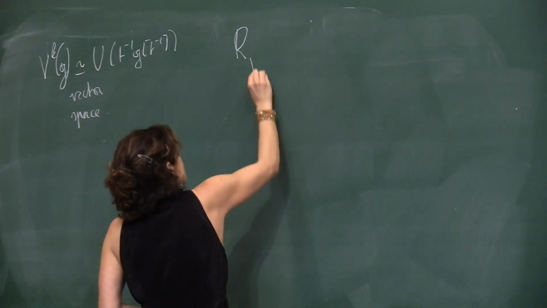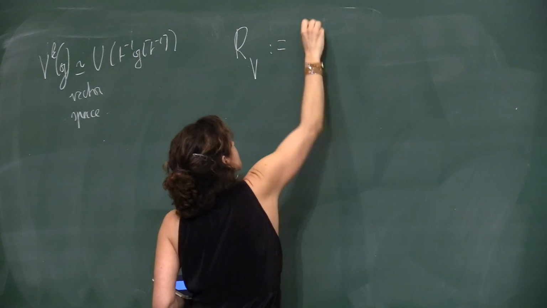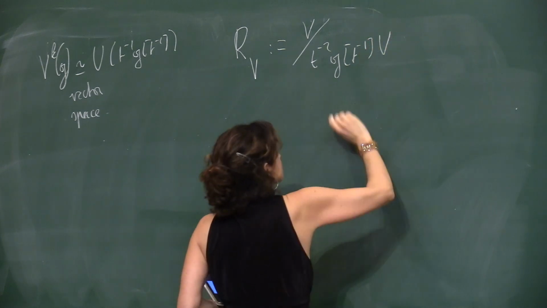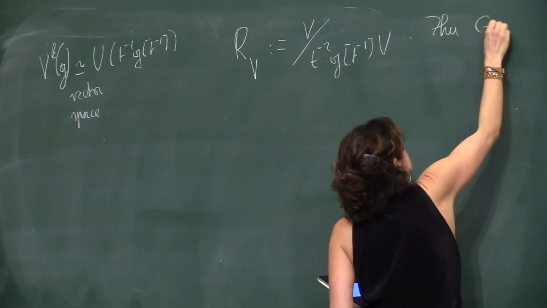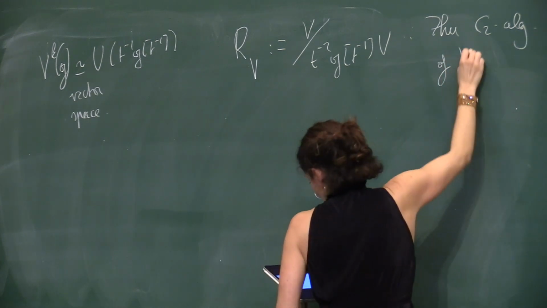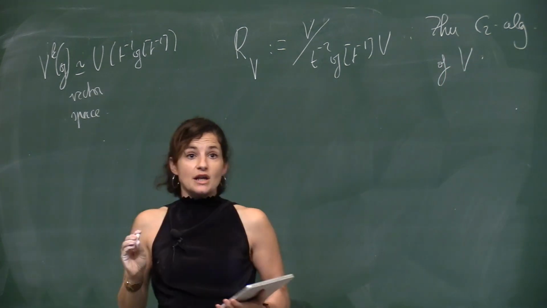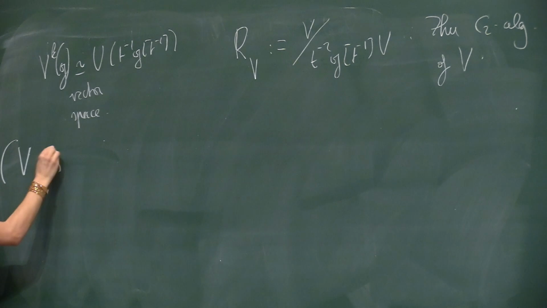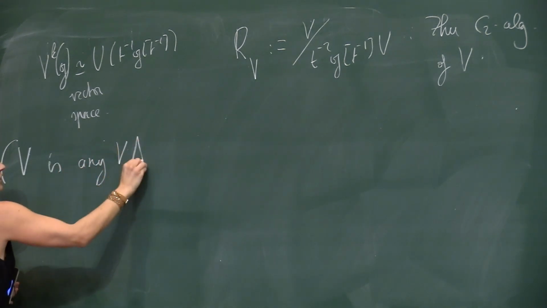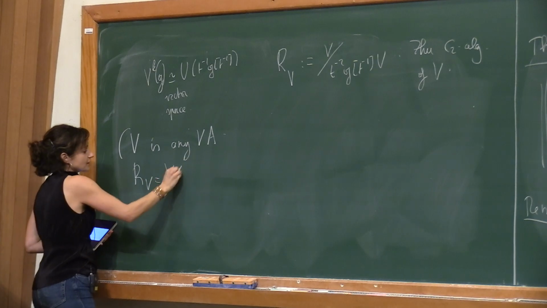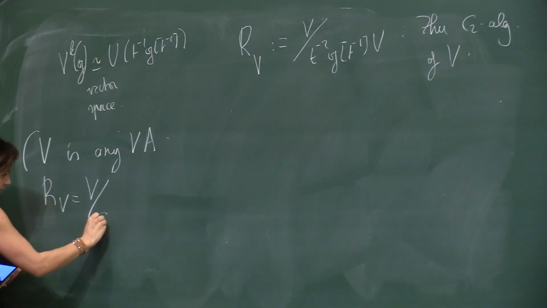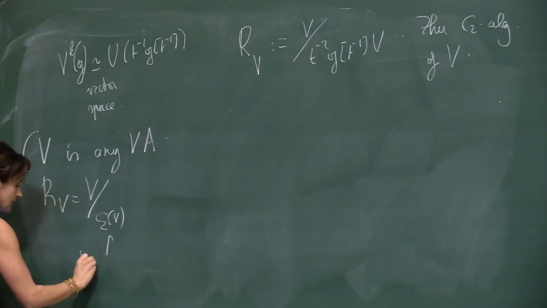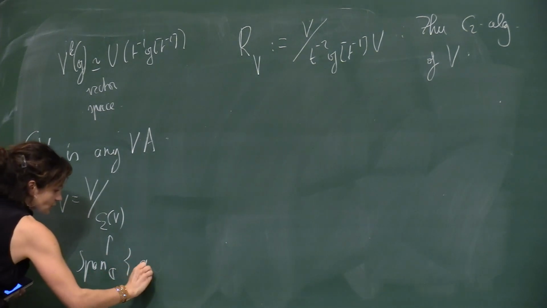And for any such quotient, I consider this quotient of V. And this is what we call the Zhu C2 algebra of V. So, and this is naturally a Poisson algebra, so maybe I just briefly mention the general construction. If V is any vertex algebra, you define RV to be V, you take the quotient by the vector space that is usually denoted by C2V, and where this is the vector space generated by such element.